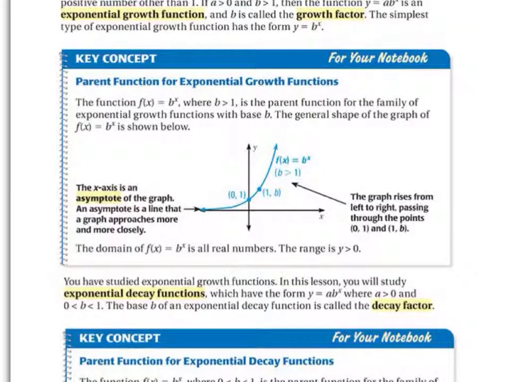So you have studied exponential growth functions. In this lesson, you will study exponential decay functions, which have the form a times b to the x, where a is greater than 0, but b is between 0 and 1. Notice it's not negative still. Both a and b are still positive.